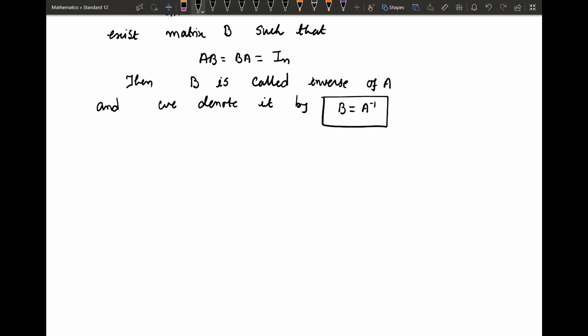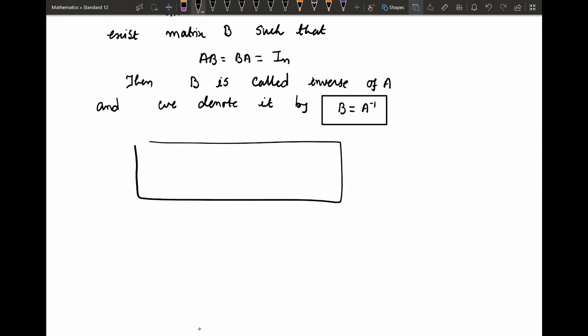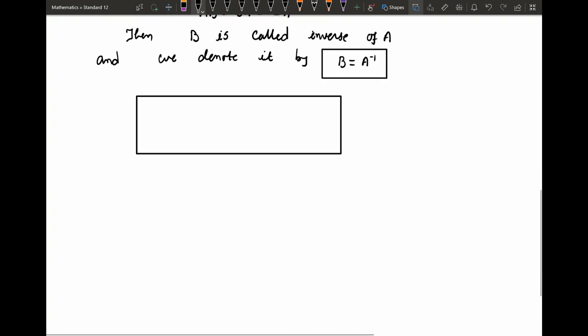Now if B equal to A inverse, then we can also say that A equal to B inverse.